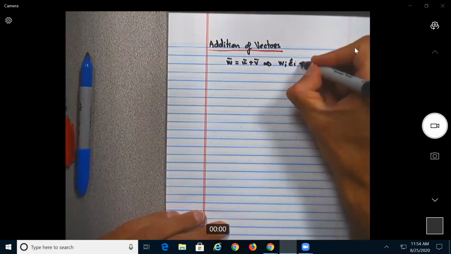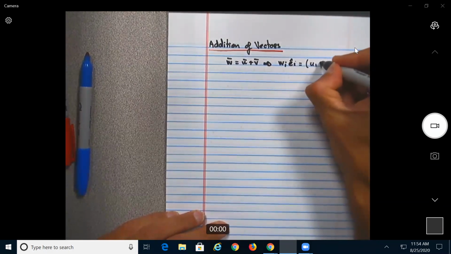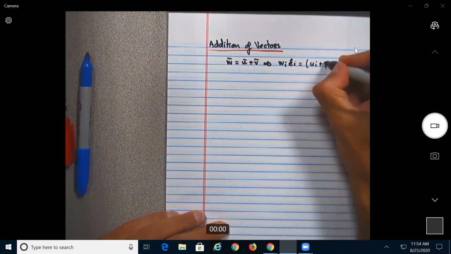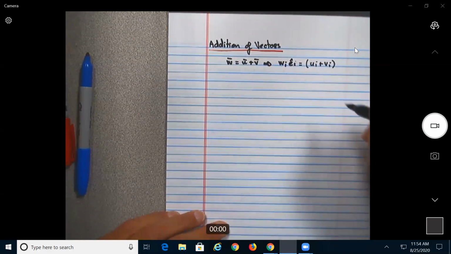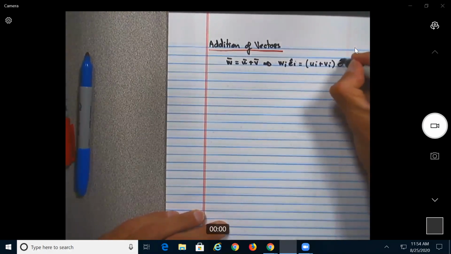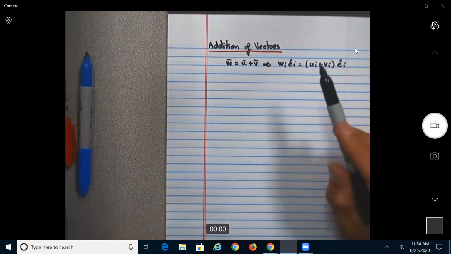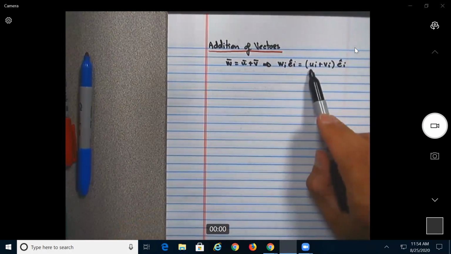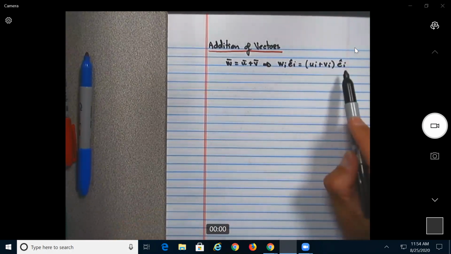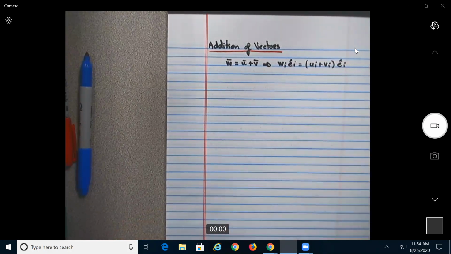And this should be equal to what? U_i plus V_i for the summation of the two vectors times the E_i. This is very simple. But remember, when we do the more complicated stuff, these two terms represent the magnitude. This one will represent the direction, okay? So a vector has magnitude and direction.